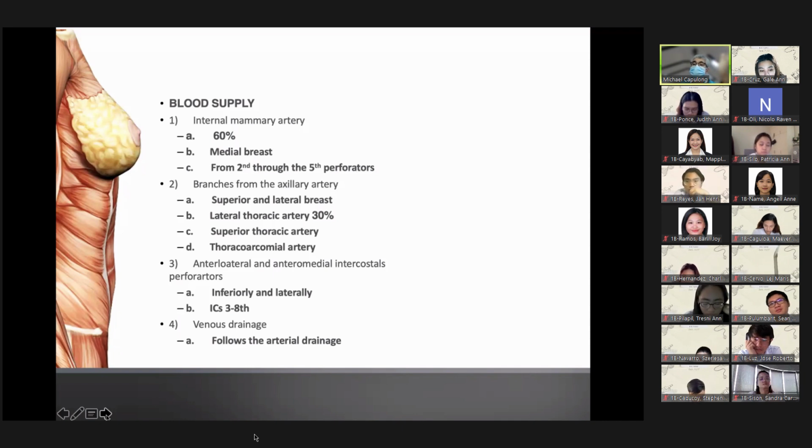So 60% of the blood supply will come from branches of your internal mammary artery. The remaining portion will be coming from branches of your axillary artery. You have your lateral thoracic artery, your superior thoracic artery, and your thoracoacromial artery. This will supply the superior and lateral portions of the breast.